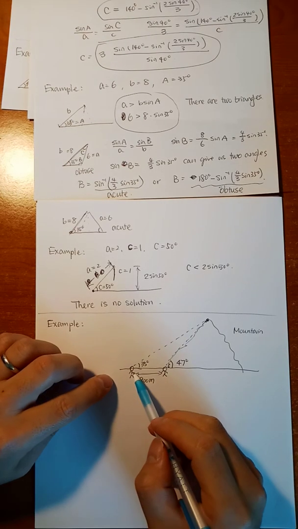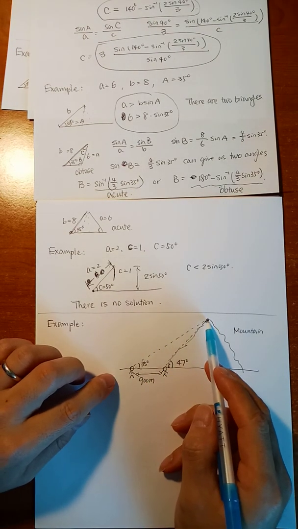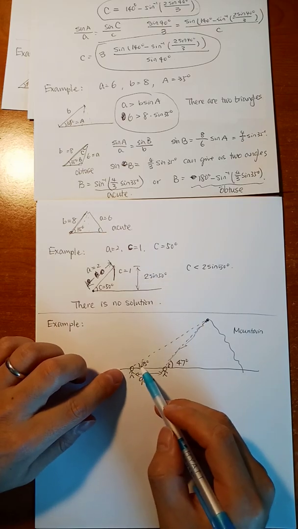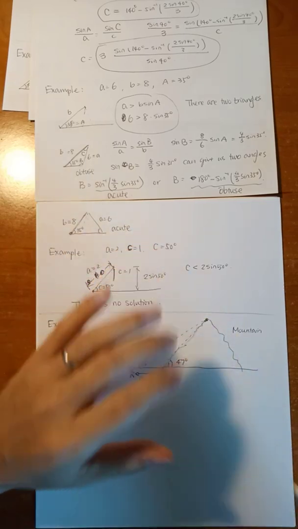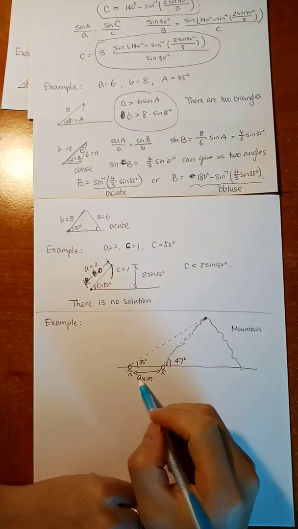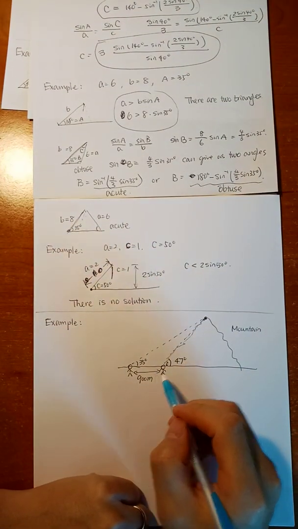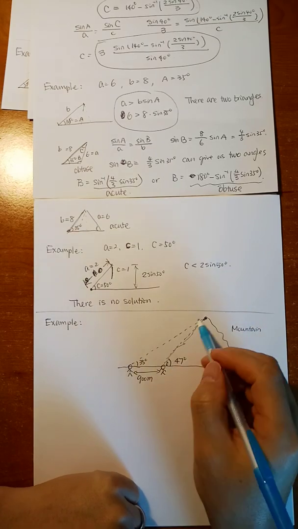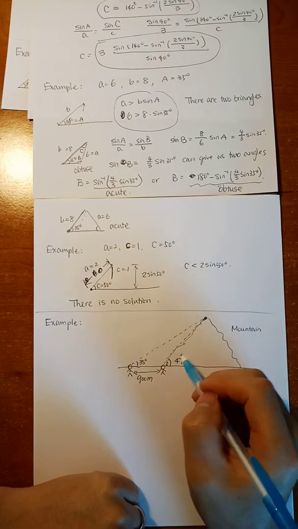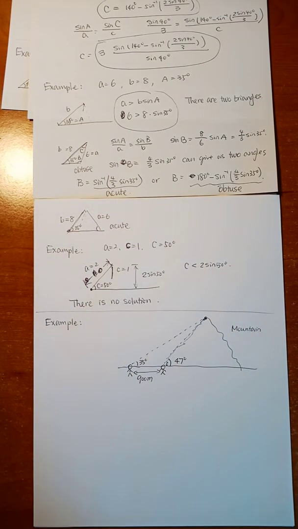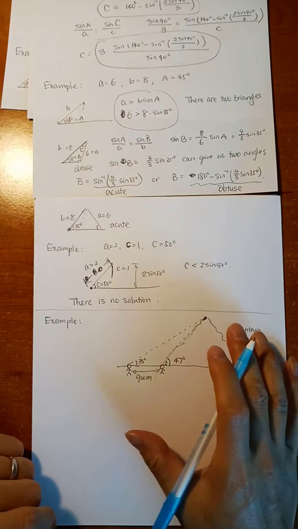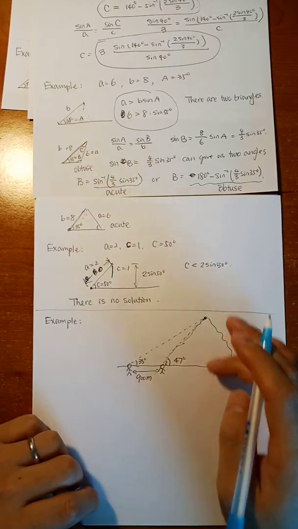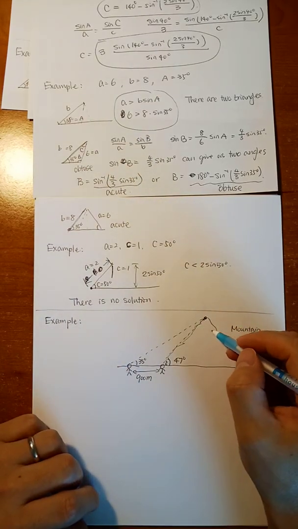We start from one position, observe the peak, and measure the angle formed by the eyesight and the horizontal line. Then we move 900 meters to the second position, look at the peak, and measure the angle of the eyesight and the horizontal direction. It's 47 degrees. With these two conditions, compute the height of the mountain.